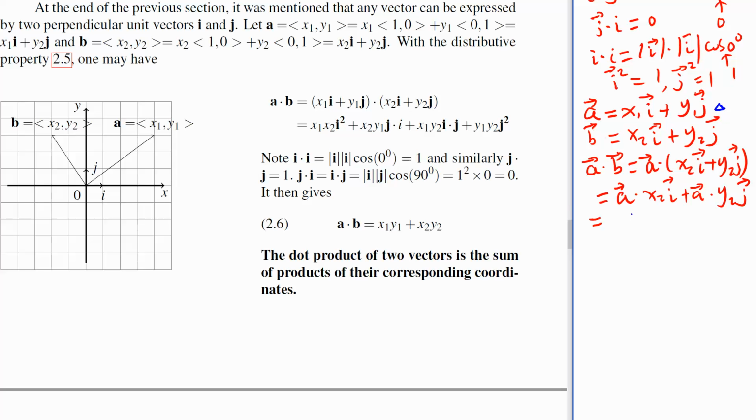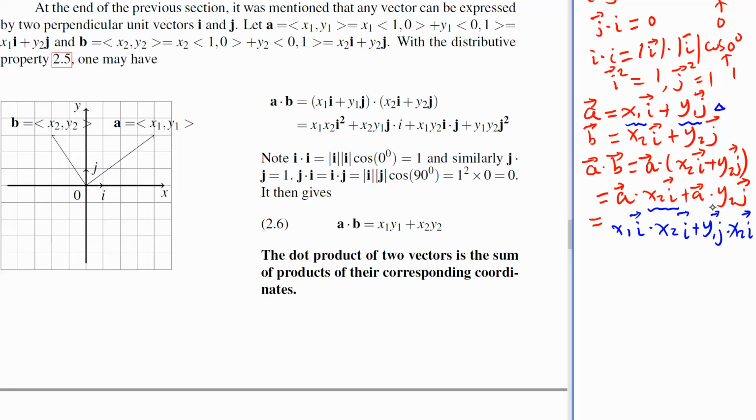So what we have will be, then this vector is going to be distributed to the A. So that will be our x1 I, this component, times x2 I, and then consider this component plus y1 J and then times x2 I. Okay, that's the first one.